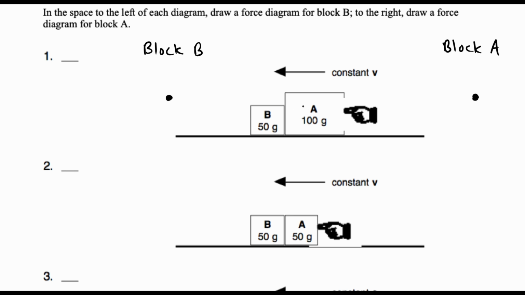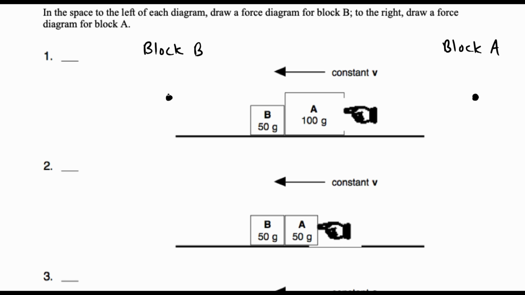Now in this particular situation, it's showing a hand pushing on A, and A can in turn push on B. The blocks are moving with constant velocity, and we do want to assume that there's some friction involved in the situation.